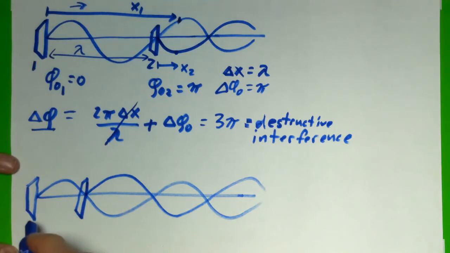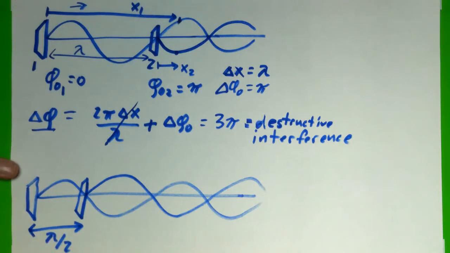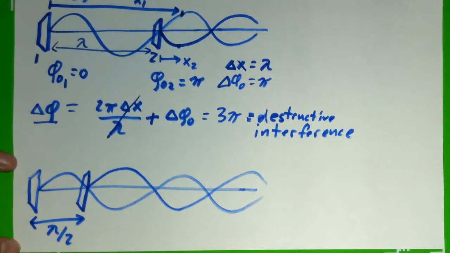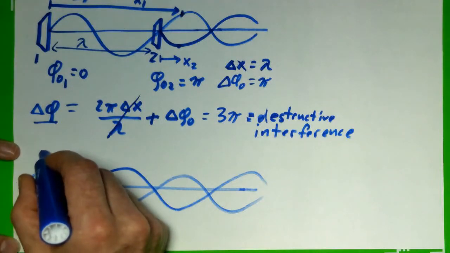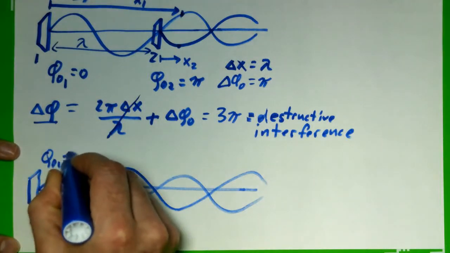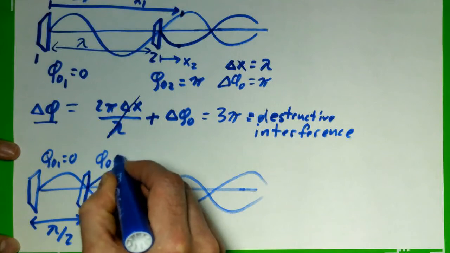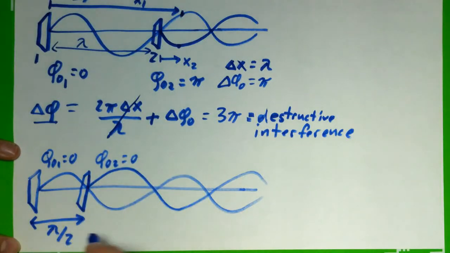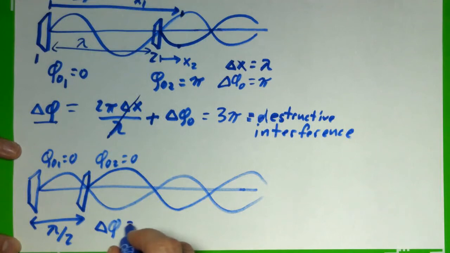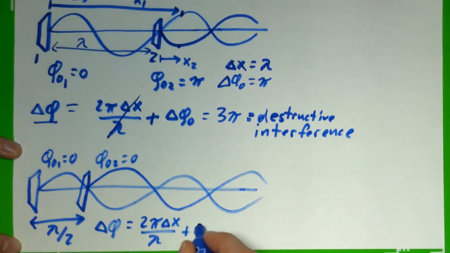So now as I look here, the difference in position is half a wavelength. Okay? But the change in phase, so this phase is 0, so phi 01 is 0, and phi 02 equals 0. And so when I look at the total change in the phase, that is equal to 2 pi delta x over lambda plus my delta phi 0.